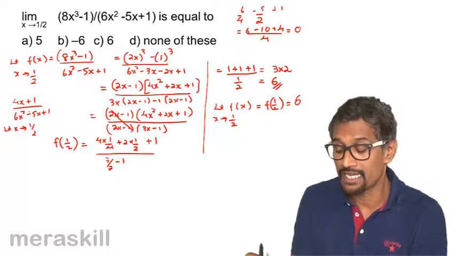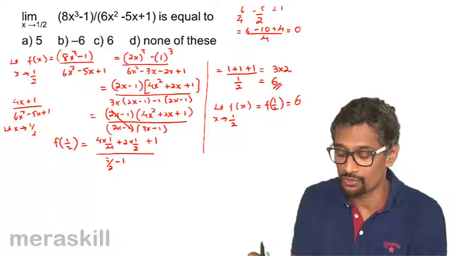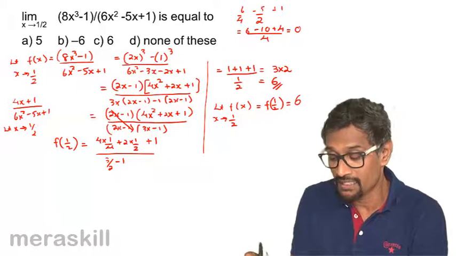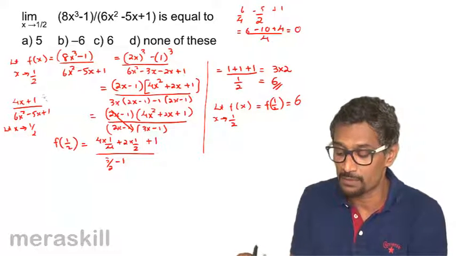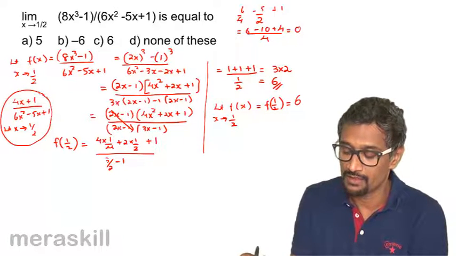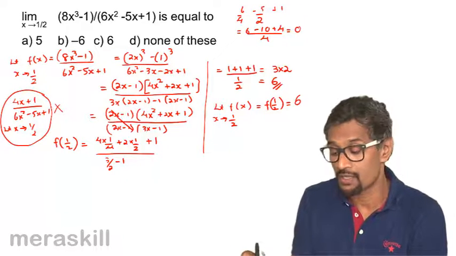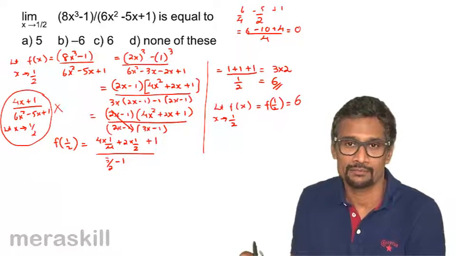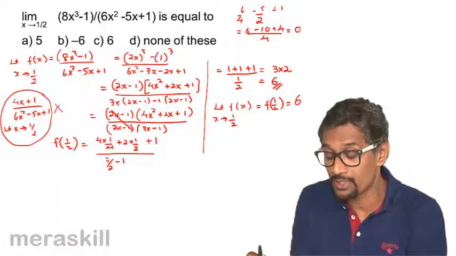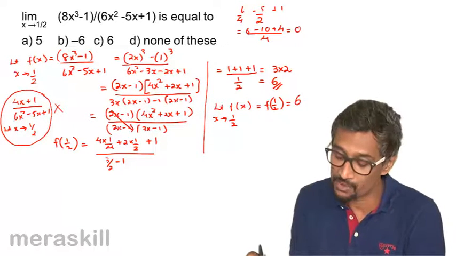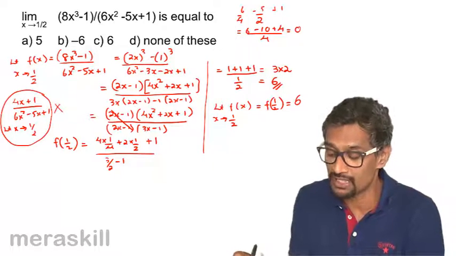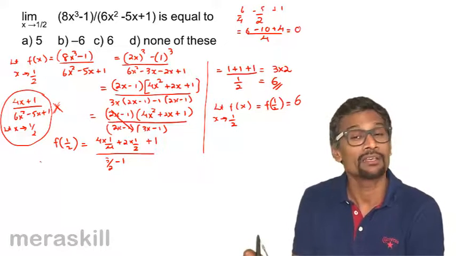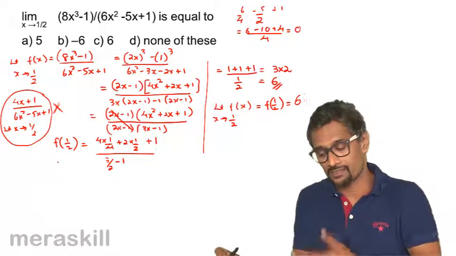Now, in this case, it is not possible to factorize, so there is no common factor. In such cases, we say this particular limit does not exist, because you can neither factorize nor substitute the value of x as half, because that will give you an indeterminate value. In such cases, we say the limit does not exist.